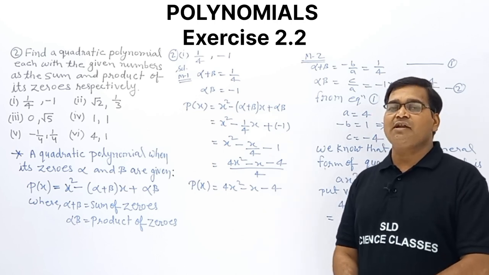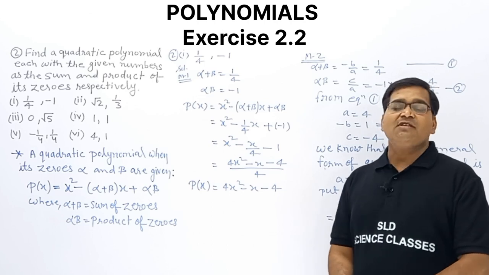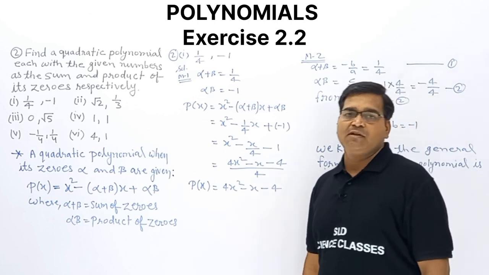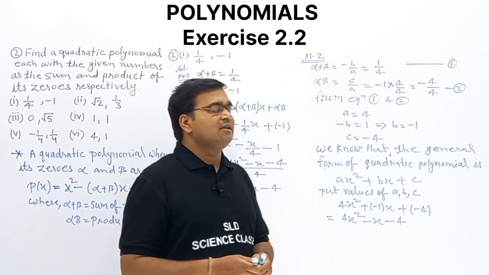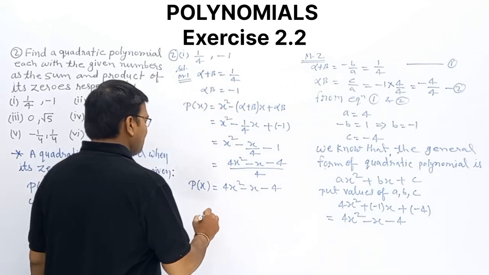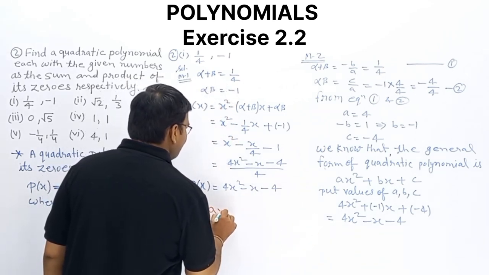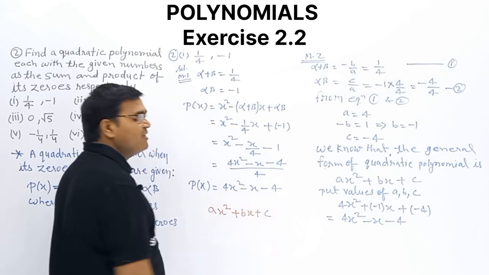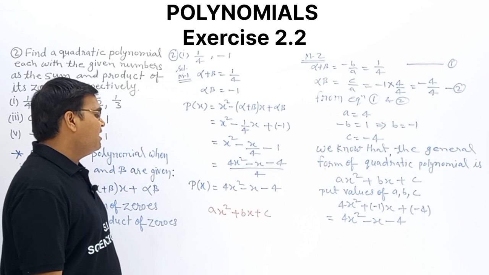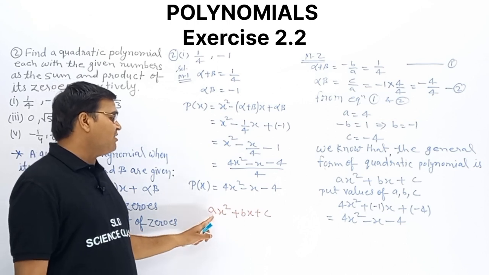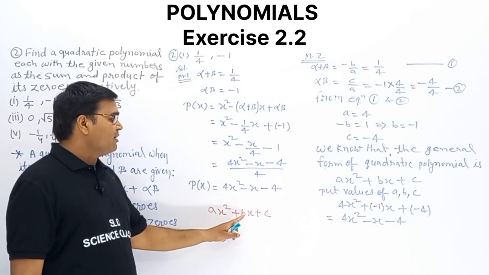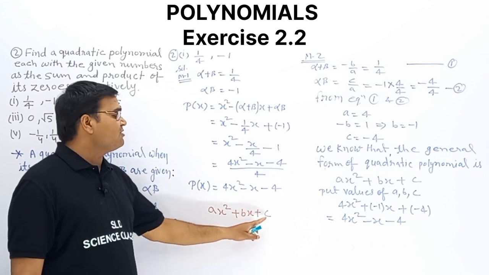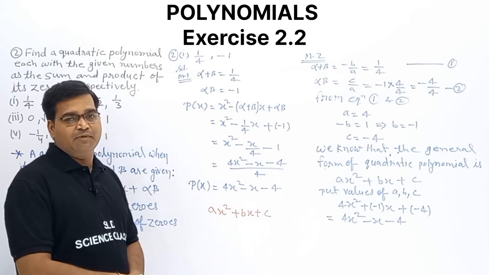Now, what is the general form of the quadratic polynomial? The general form is ax square plus bx plus c, in which a is the coefficient of x square, b is the coefficient of x, and c is the constant term.